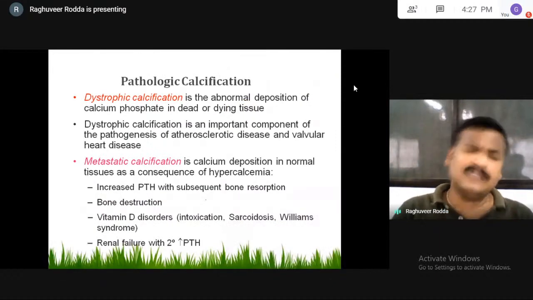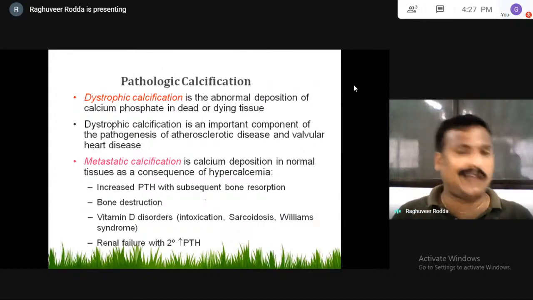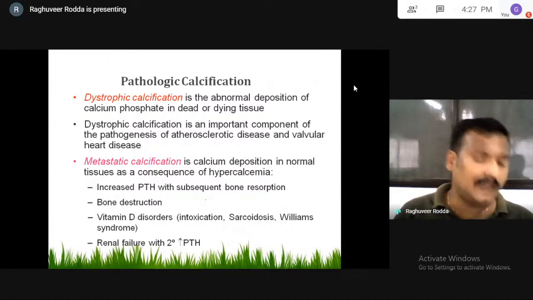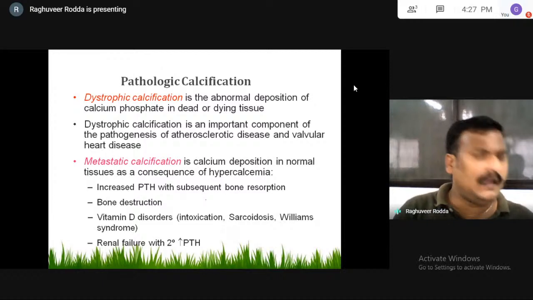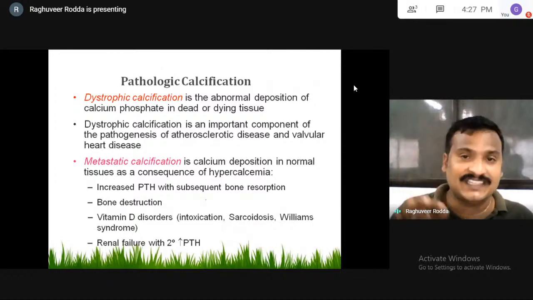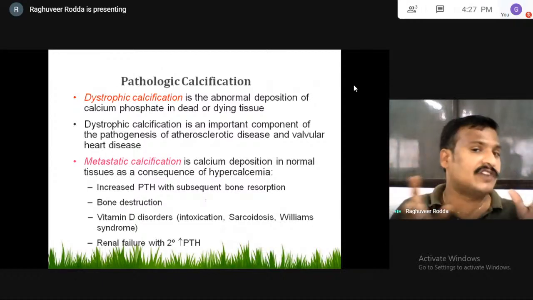Okay, so this is about cellular adaptation, which is undergone by a cell that encounters an injurious condition or injurious stimulus. And apart from these four, there is one more condition called dysplasia. Dysplasia is almost similar to hyperplasia, where there is an increase in the cell number, but the arrangement of the cells or cell structure will differ.